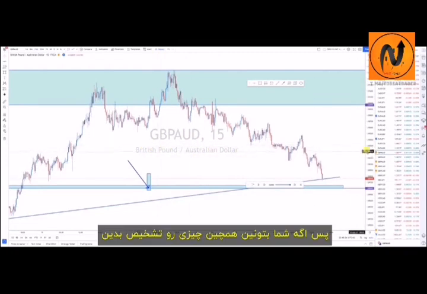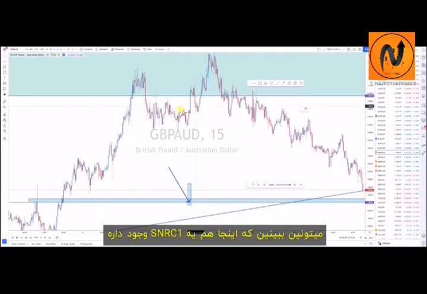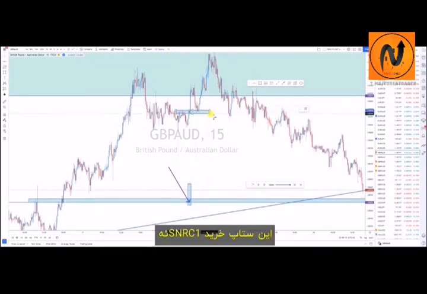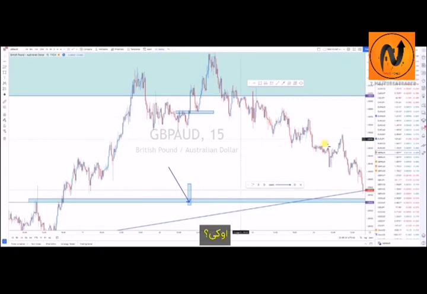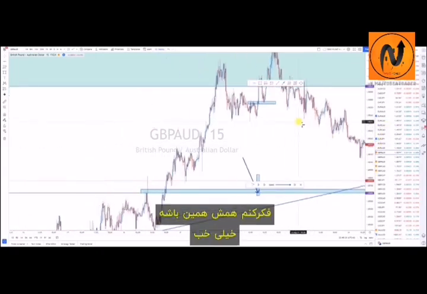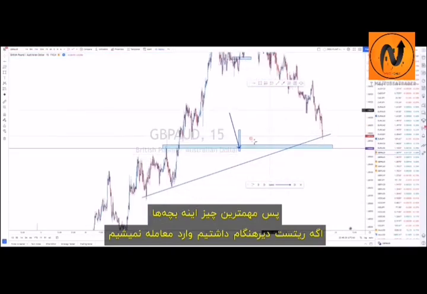If you're able to identify this kind of thing, then it will be easier for you to trade. Here you can see there's an SNRC1 as well. This is a buy SNRC1. This is very good. Price comes back to this area and continues on the uptrend. So I think that is all. Most important guys, if it is a late retest, we do not want to take the entry. There is no confluence.